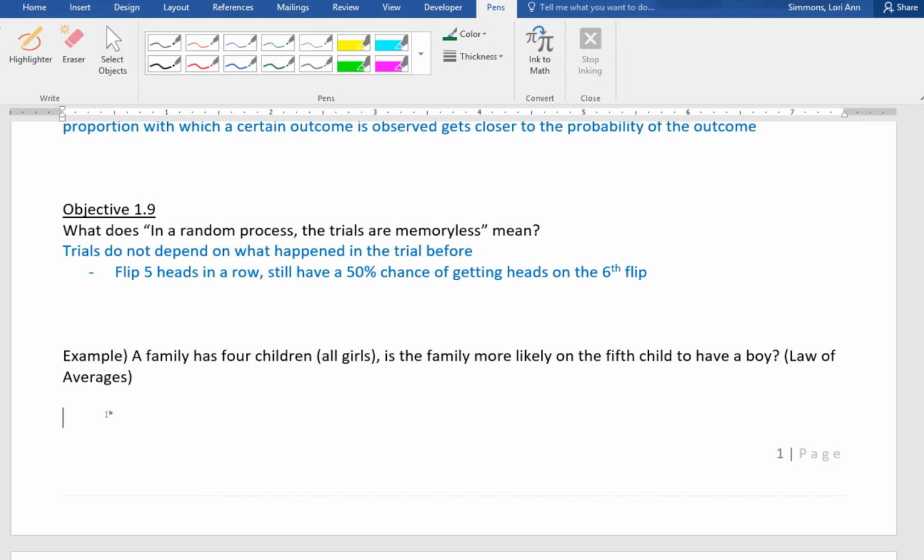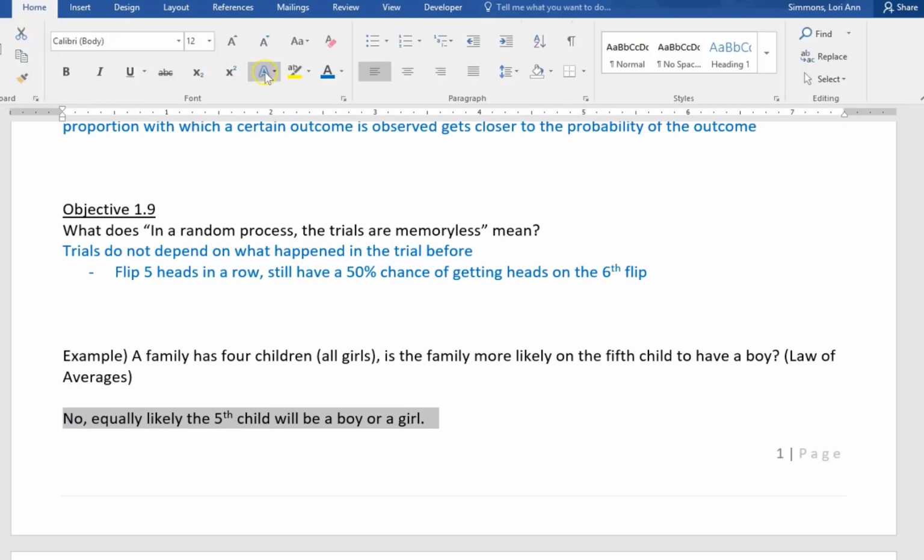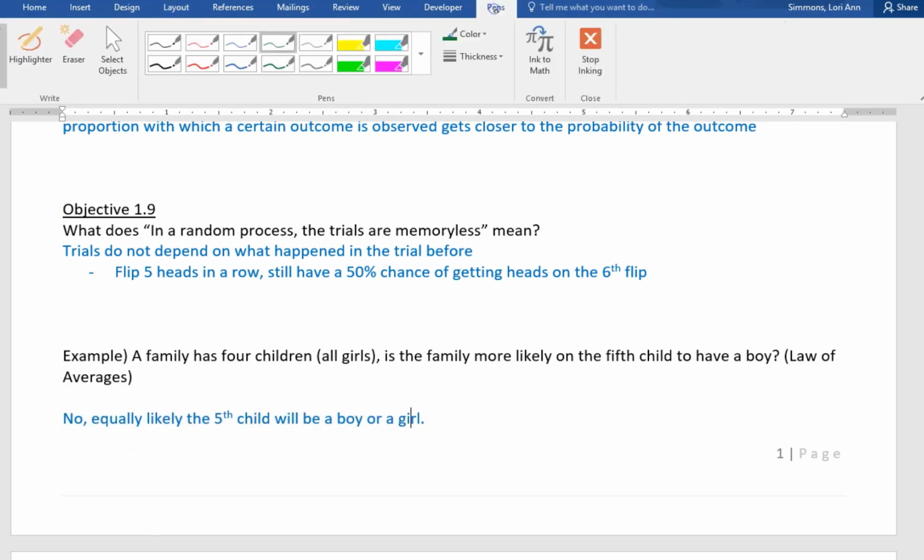They're memoryless, so no, they're equally likely to have a boy or a girl on the 5th child. People say, well, I had 4 girls, I'm more likely now to have a boy, and so they come up with this so-called law of averages.